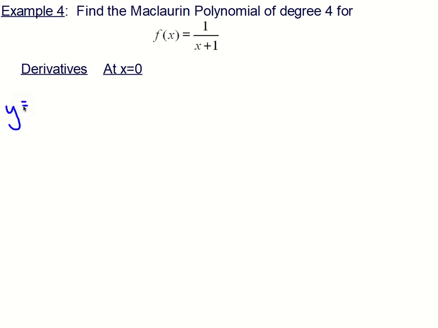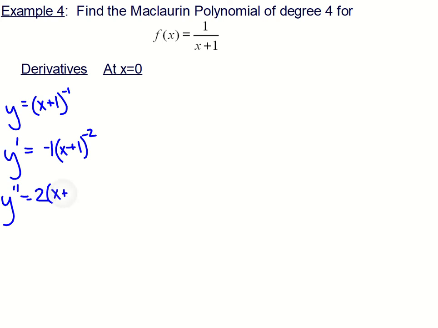I'm going to go ahead and just write y as x plus 1 to the negative first power. So then y prime is going to equal negative 1 times x plus 1 to the negative second power times the derivative of x plus 1, which is just 1. So y double prime is going to equal 2 times x plus 1 to the negative third power.